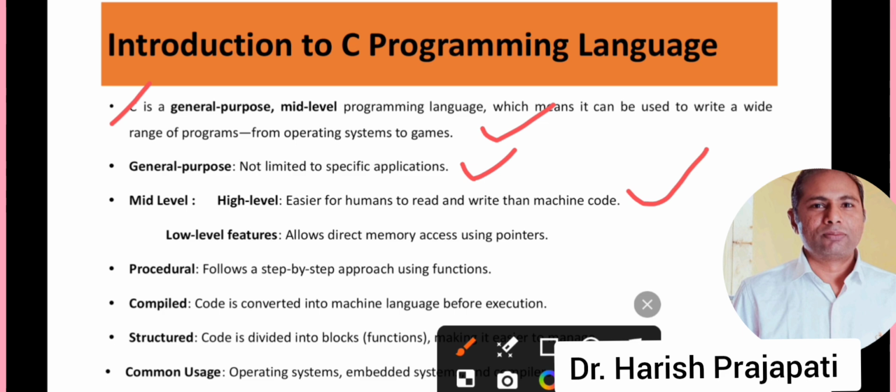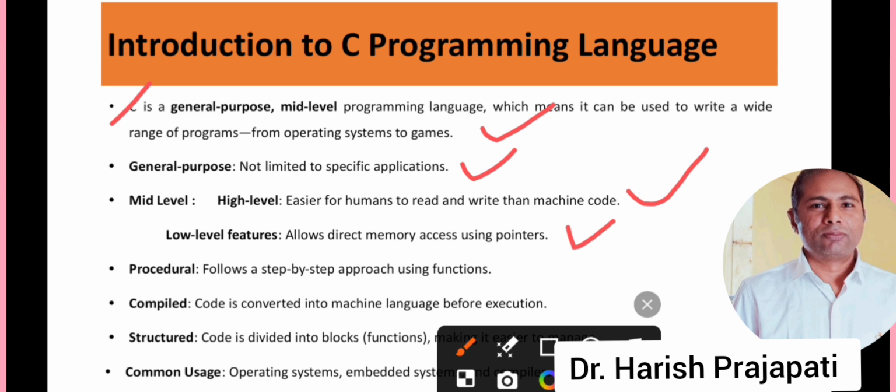If we talk about low level languages, those which are not easily understood by human beings are known as low level languages. But C has some characteristics of a high level language and some characteristics of a low level language.